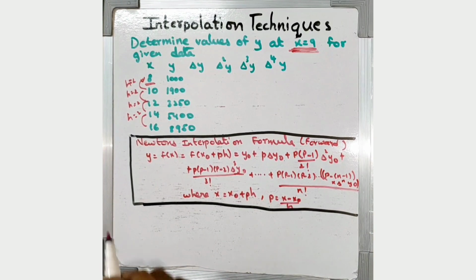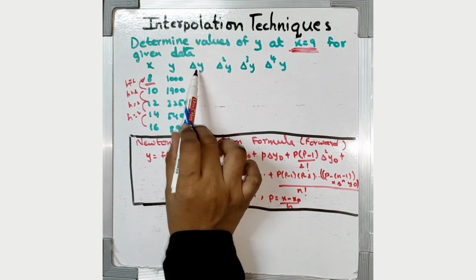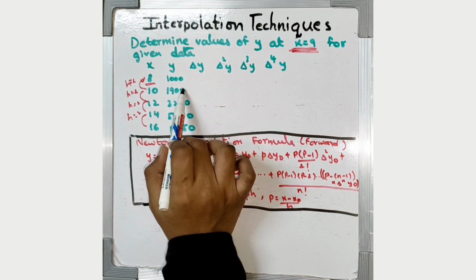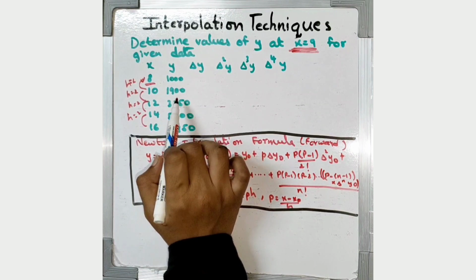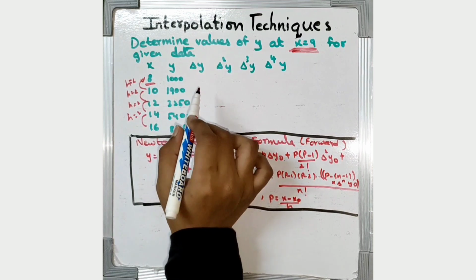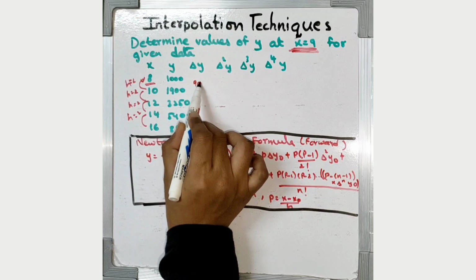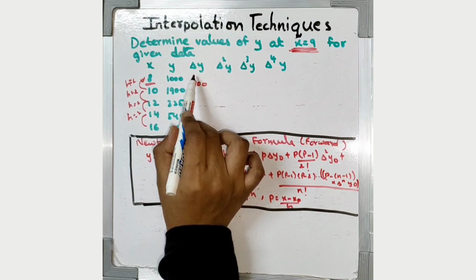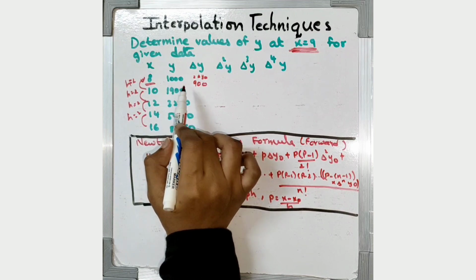Now I will start with the example. The first forward difference is the subtraction of these two. This is y0 and this is y1. The difference is 1900 minus 1000, which is 900. This is delta y0, which is y1 minus y0.